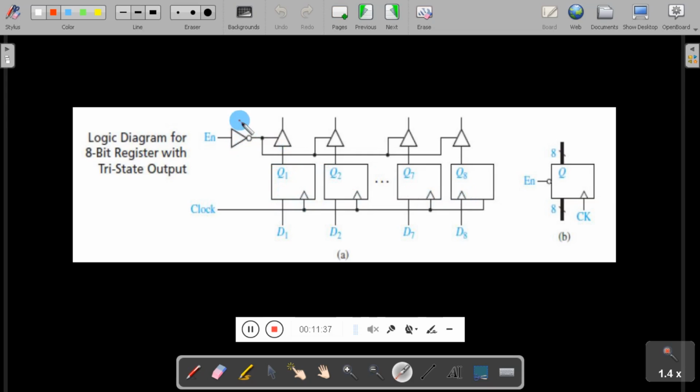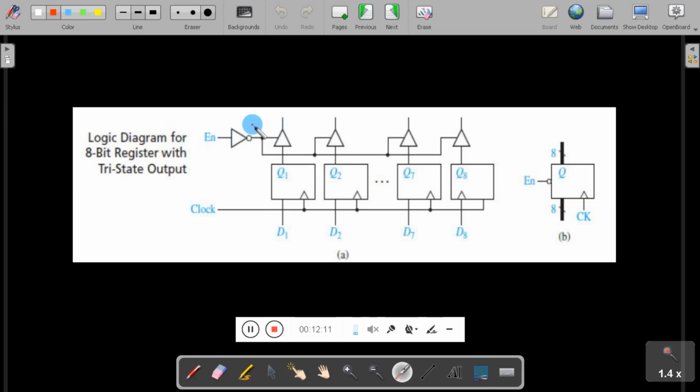So when this enable signal is high, it will enable all the tri-state buffers, and whatever data appears at the input will move to the output, as the tri-state buffers allow the output data.